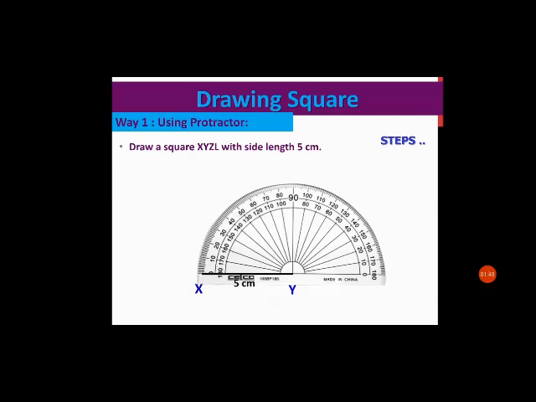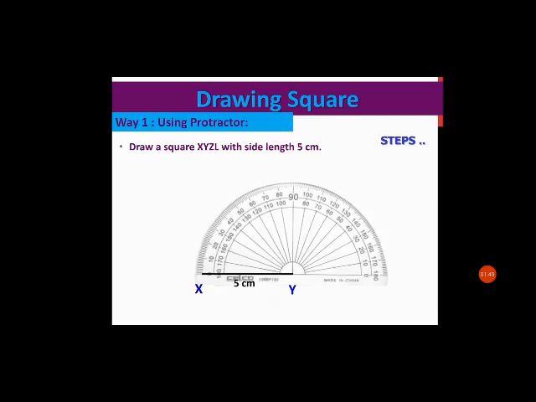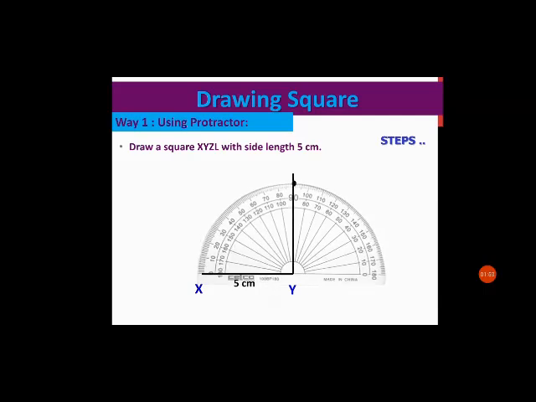Make sure that it's not shifted down or up in order to draw the angle very accurately. And then we will put a point on 90, and then use the ruler to connect Y with that point. So this is how to draw the 90 degree angle.